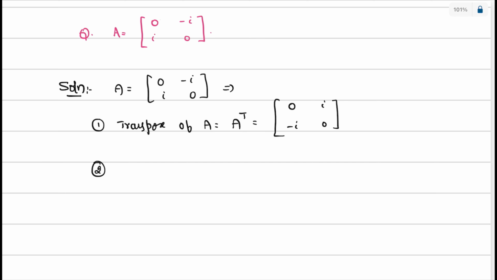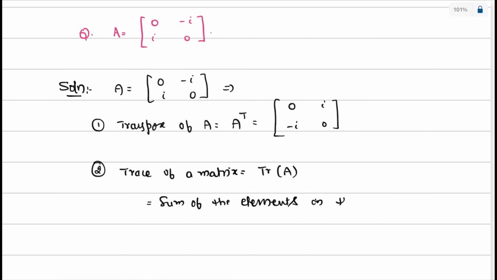Now, second, what is the trace of the matrix? What is the definition of the trace? Trace of a matrix, denoted by Tr(A), is equal to the sum of the elements in the principal diagonal. This is a very, very important definition.